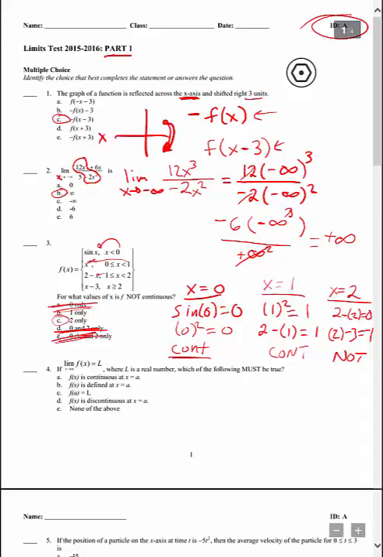Alright, next case it says that the limit as x approaches a of f of x is equal to L, which is a real number. It says what must be true. So does f of x have to be continuous? Well, there are cases like this where maybe the actual value exists down here.